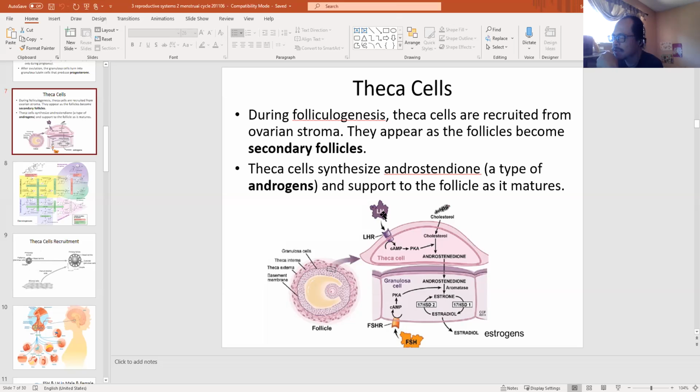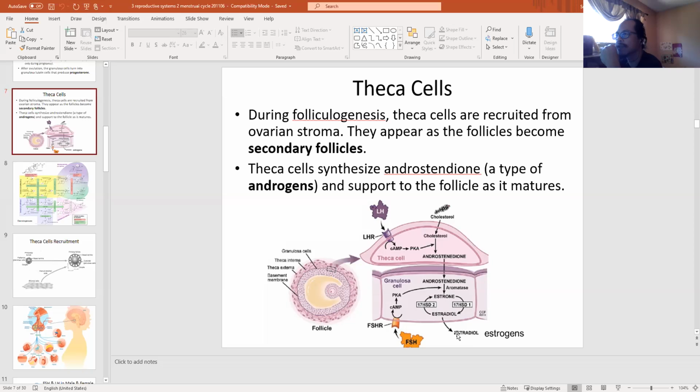Luteinizing hormone acts on the theca cells, and they produce androgen. This type of androgen is called androstenedione. Then this androstenedione moves down to the neighboring granulosa cells. Then granulosa cells use it to produce the estradiol.